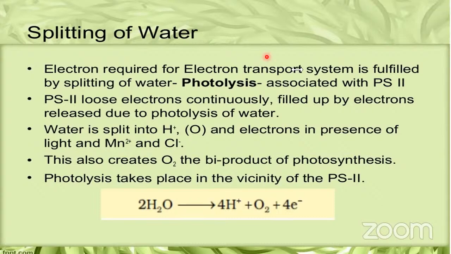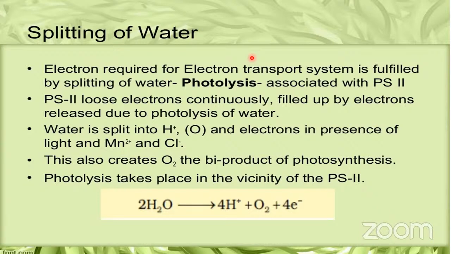Electrons required for the electron transport system are fulfilled by splitting of water, photolysis, associated with PS2. The PS2 lost electrons are continuously filled up by electrons released due to photolysis of water.